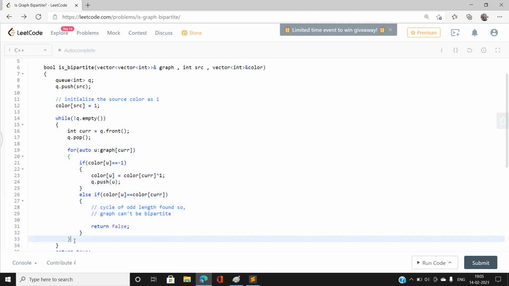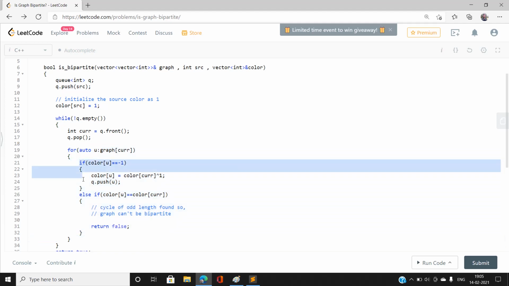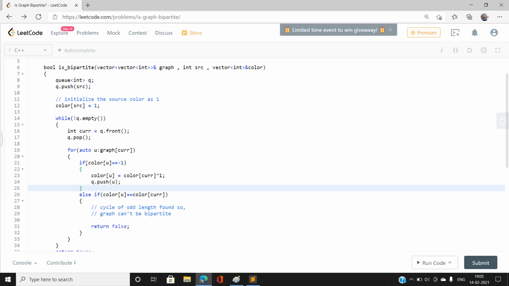If a neighbor is not colored yet, that is color of u is equal to -1, then I am going to color the neighbor of the current node with exactly the opposite of the current color. Note that we have only two colors, either 0 or 1. So if the color of current is 1, I am going to take XOR with 1 so that it becomes 0, otherwise vice versa.